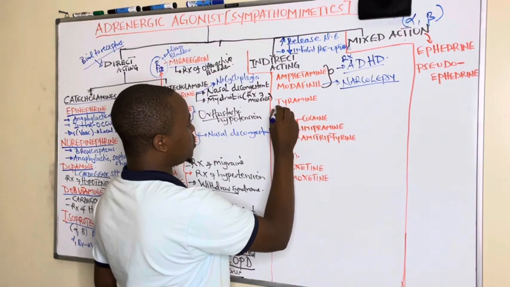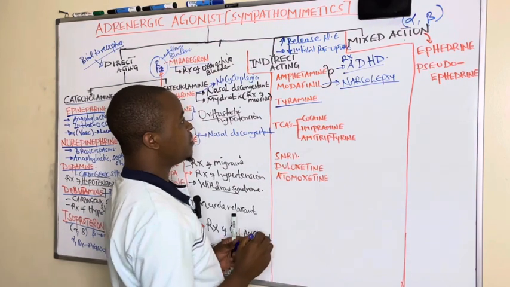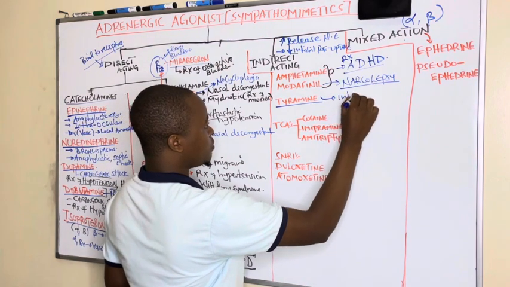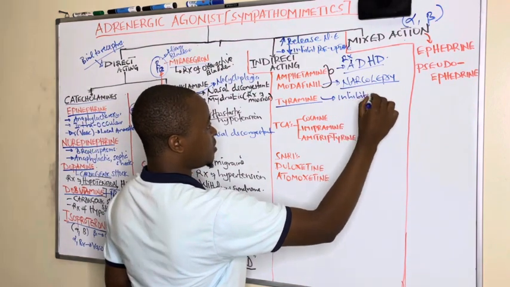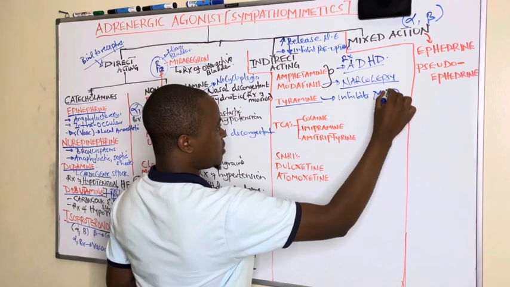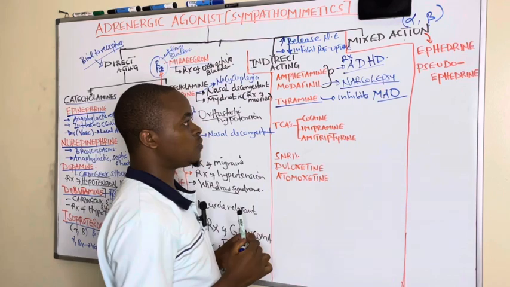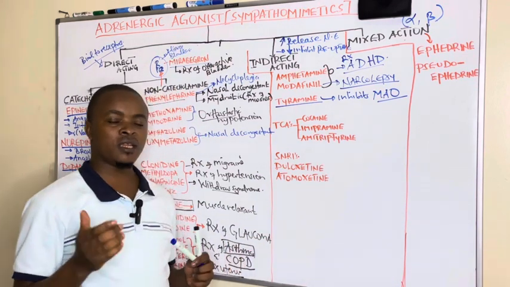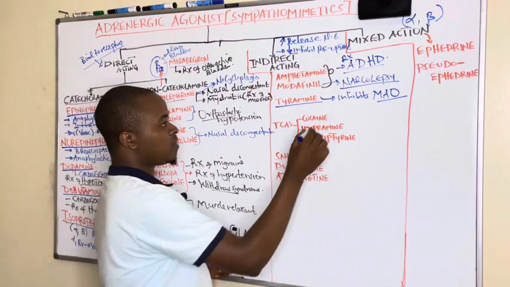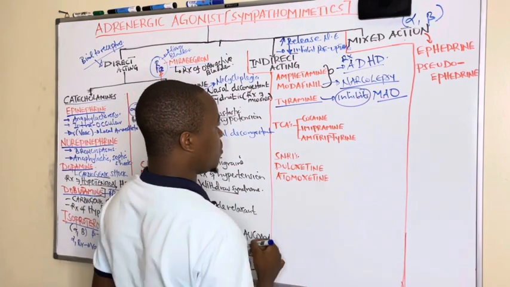And then there is tyramine, which inhibits MAO, monoamine oxidase. We saw that this monoamine oxidase was responsible for degradation and excretion of norepinephrine. So this one acts by inhibiting MAO.